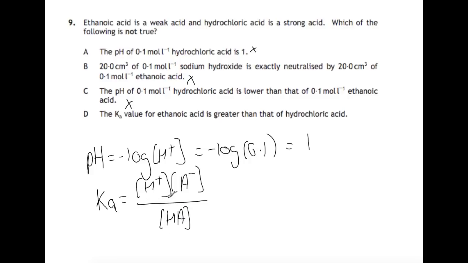However, for a weak acid, you find that the bottom line is larger and therefore you have a very small Ka value. So the Ka value for ethanoic acid would not be greater than that of hydrochloric acid, so that is the answer. You need to read these questions really carefully to make sure that you're looking for the right things.